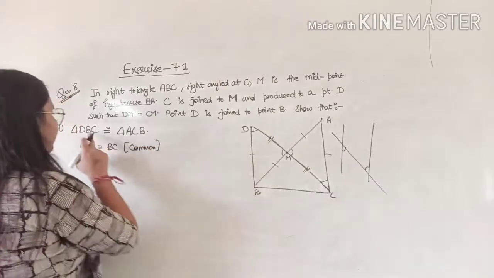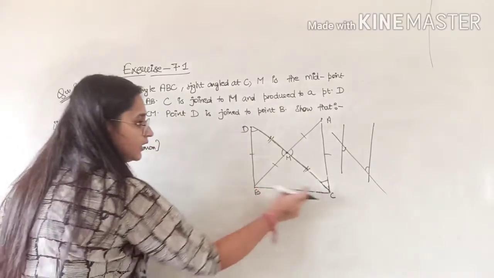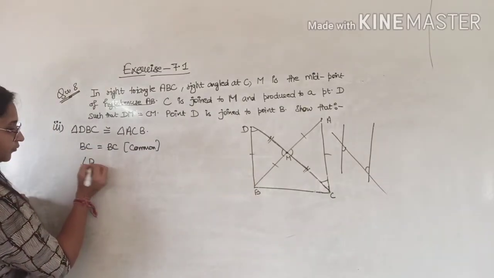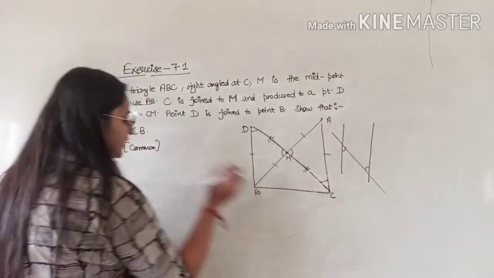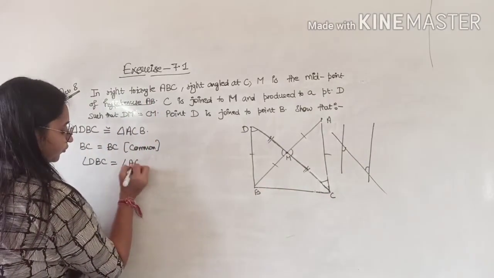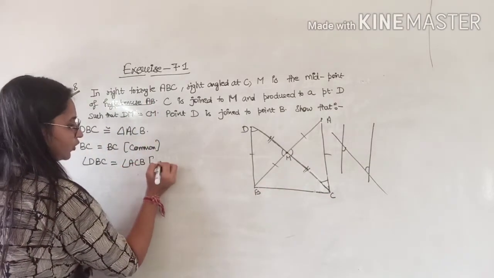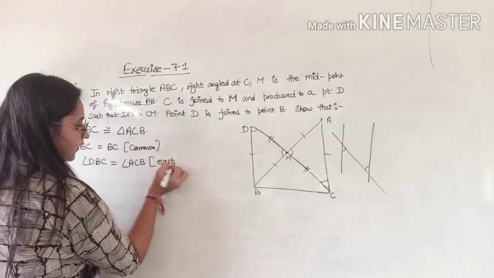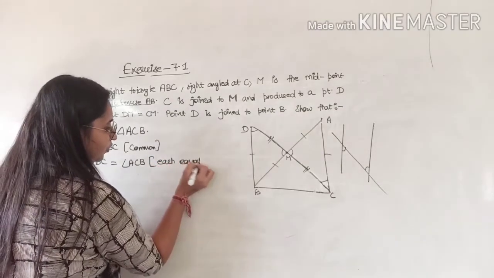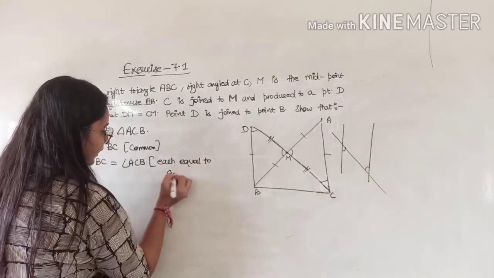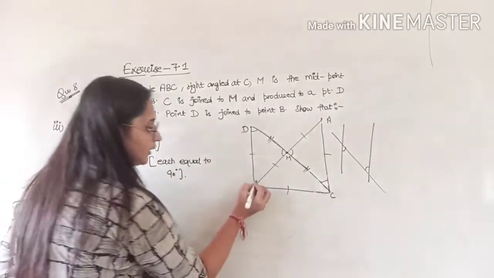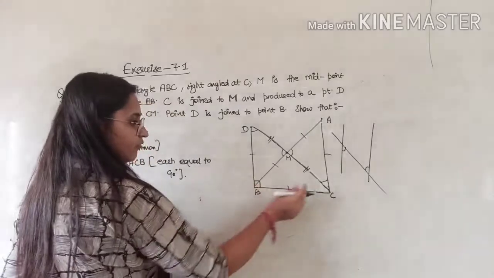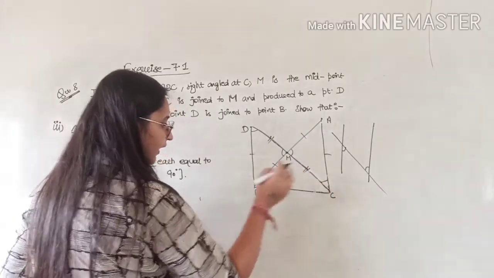Now in triangle DBC, angle DBC is equal to angle ACB, and each is equal to 90 degrees.